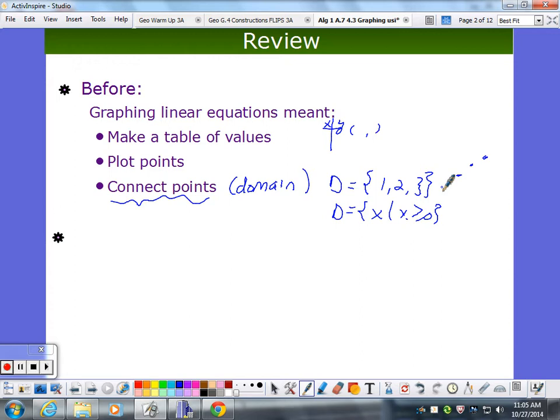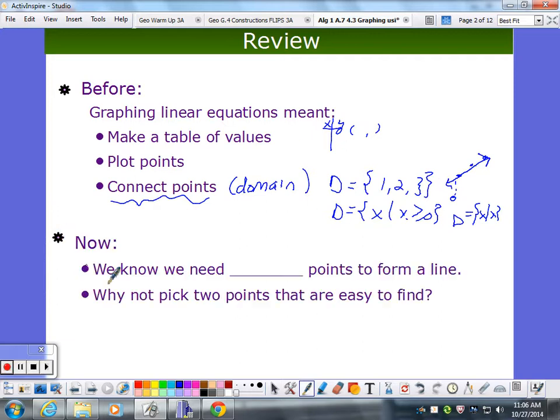Do I connect dots now? With a ray. And then like if this is where 0 is, something like that. And if my domain is all real numbers, then that's my double arrow because I want to include all possible x's. So I hope that's a little bit clearer than when we started.